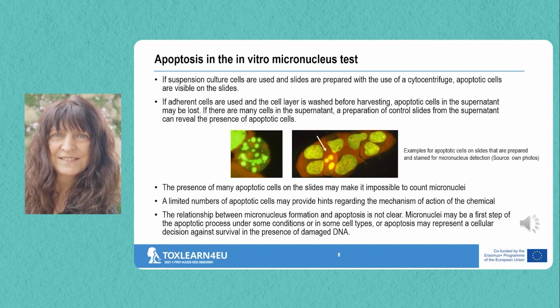The relationship between micronucleus formation and apoptosis is not clear. Micronuclei may be a first step of the apoptotic process under some conditions or in some cell types, or it may represent a cellular decision against survival in the presence of damaged DNA if a cell goes into apoptosis.